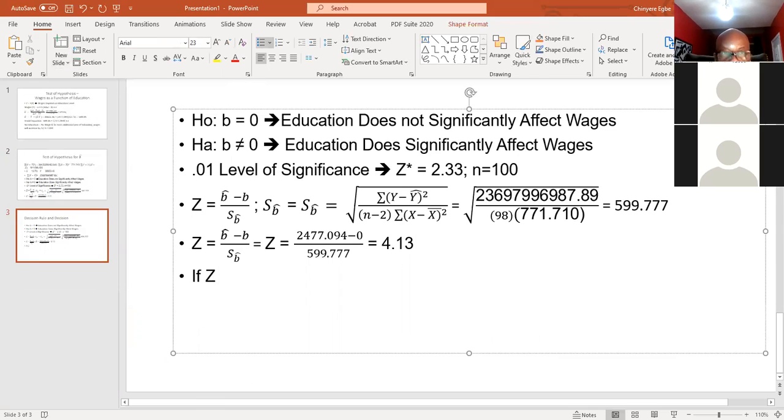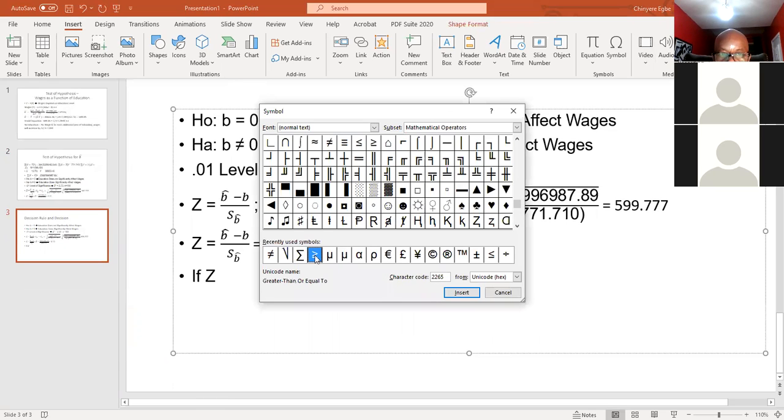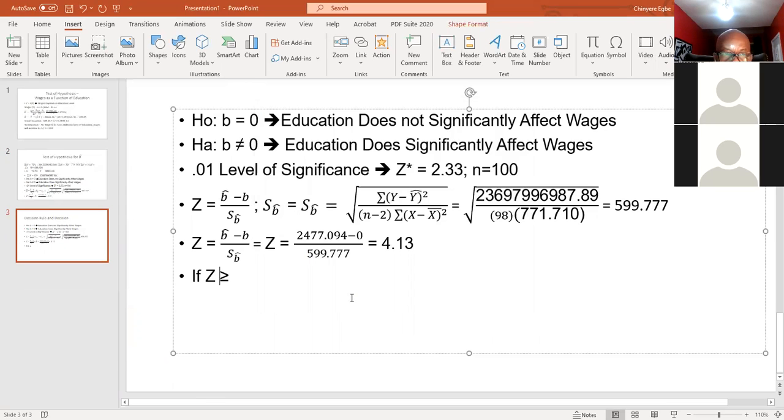If Z is greater than Z star, we reject the null hypothesis that B is equal to 0, which implies no effect.